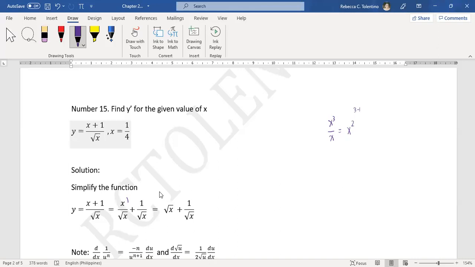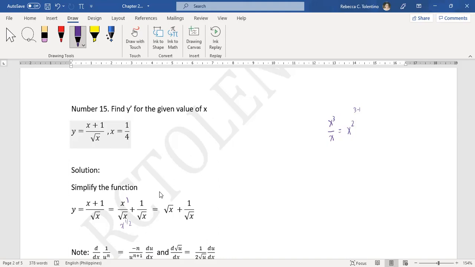And since the higher exponent is in the numerator, the quotient will still be in the numerator. So we have 1, and then 1/2 in the denominator. If you subtract 1/2 from 1, you get 1/2. So the x to the 1/2 will remain in the numerator because the exponent in the numerator is higher. Now 1 over square root of x is still 1 over square root of x. There's nothing you can do about that.